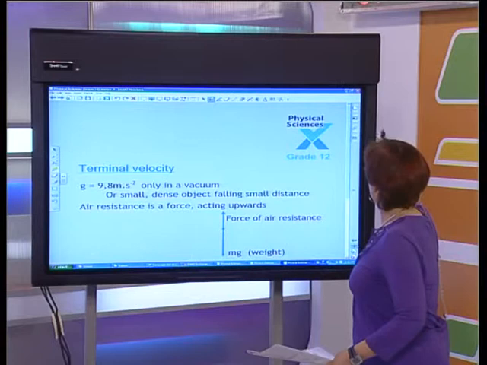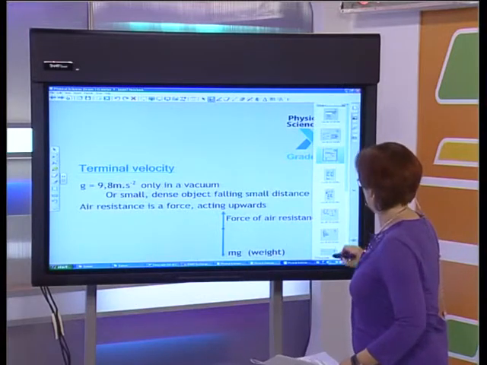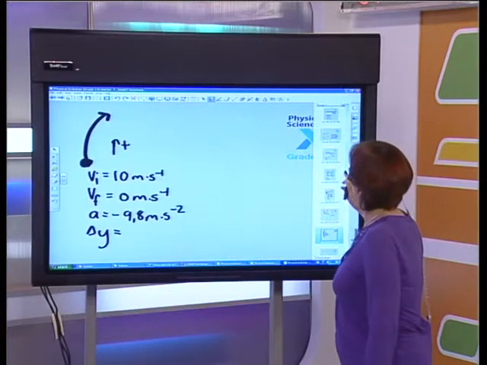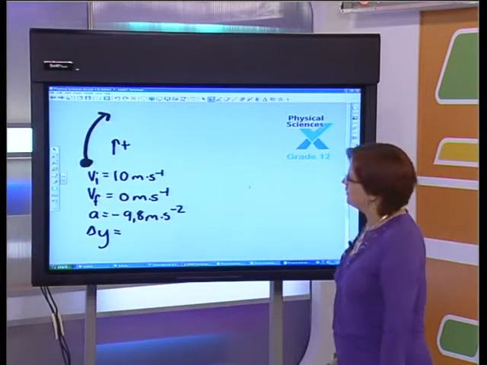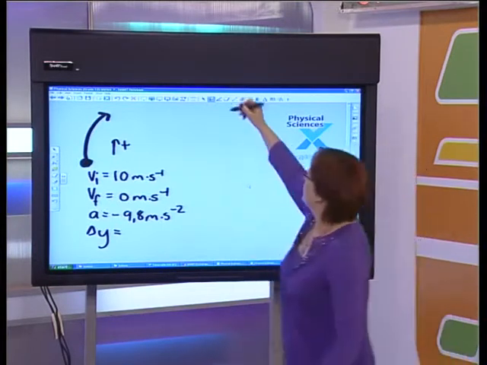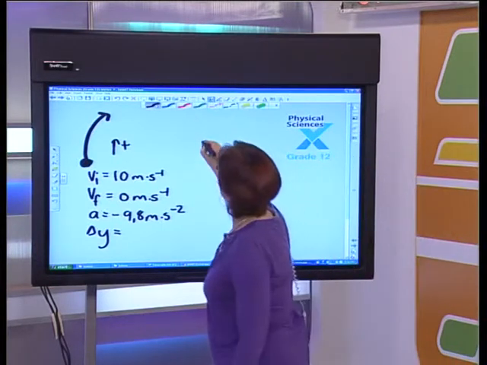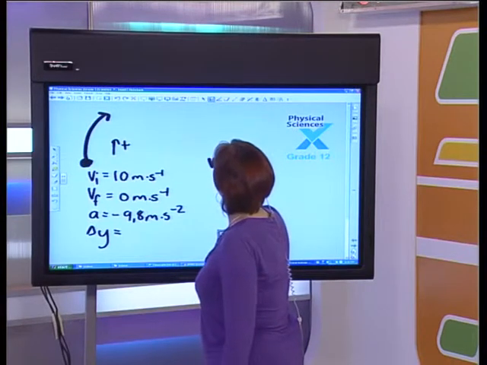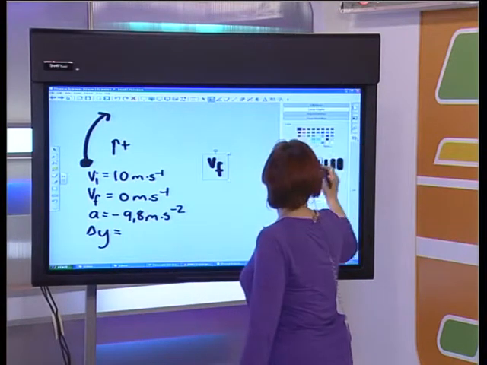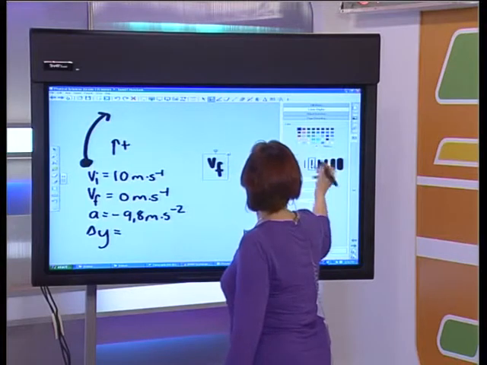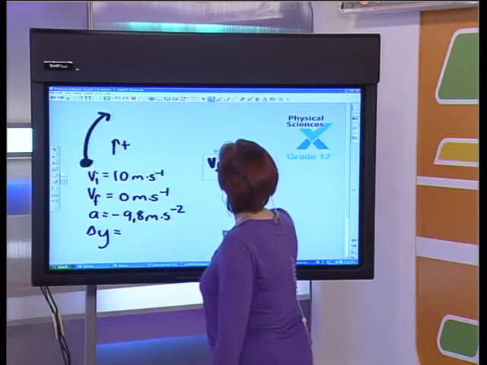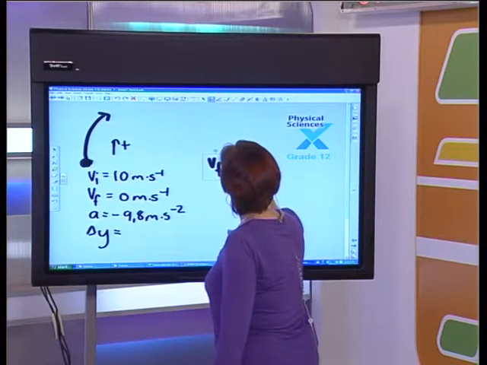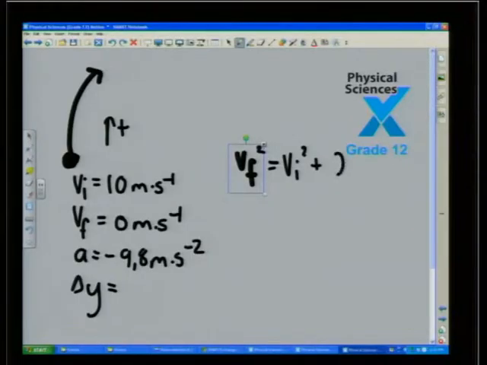So we go back to our question, and now we know that I need to use the equation that says Vf squared equals Vi squared plus 2a delta y, okay?